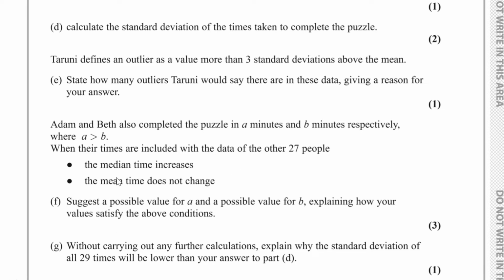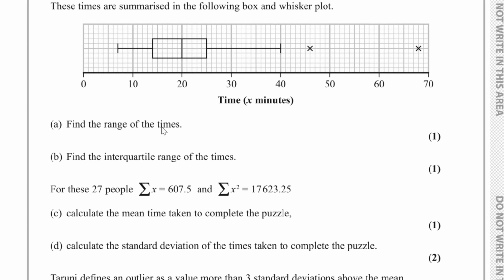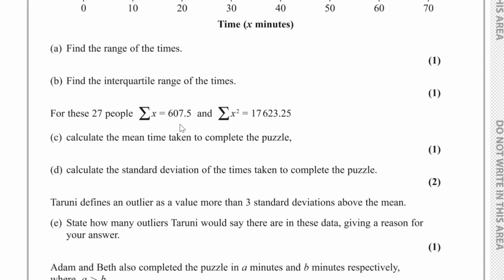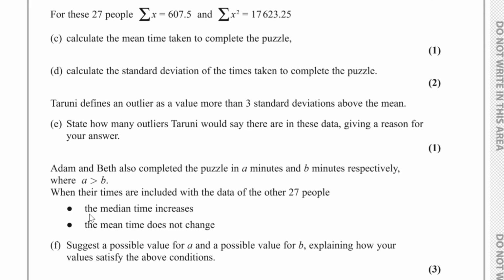Well, we'll take this one step at a time. If we go back to the box and whisker plot, you can see here, so far, the median is 20. And we were told in the question that the median time increases.